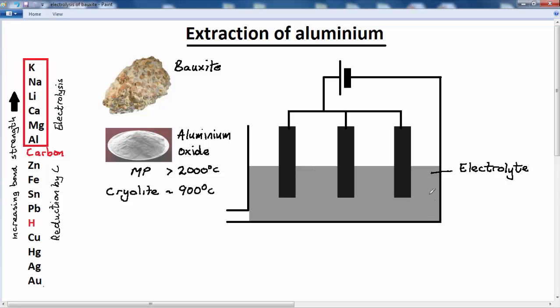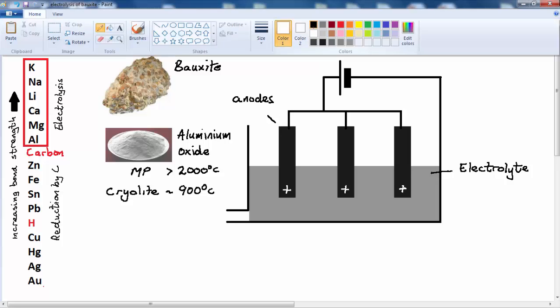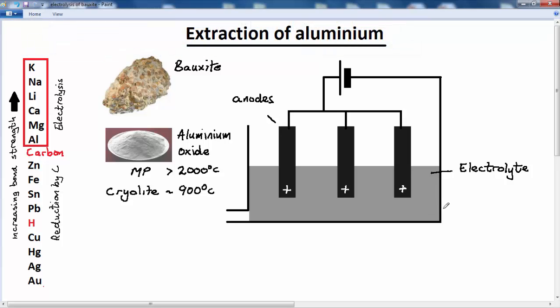So this is our electrolysis cell here, and you notice straight away we've got the power supply here, the positive, and that's connected to what we call the anodes. These are the anodes. In this type of cell, the housing of the cell is connected to the negative of the supply, so this is called the cathode, and this has a negative electrical potential.